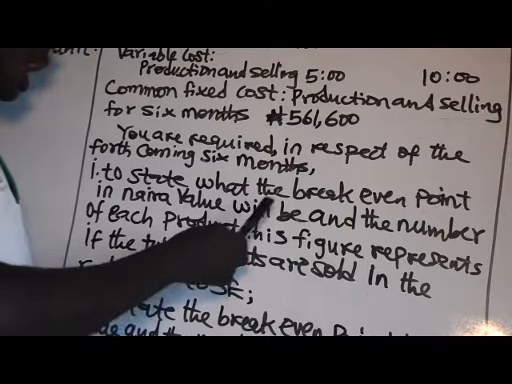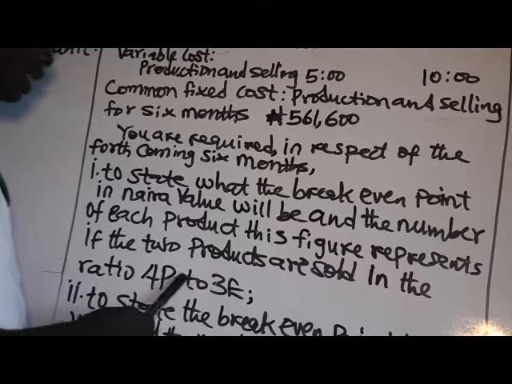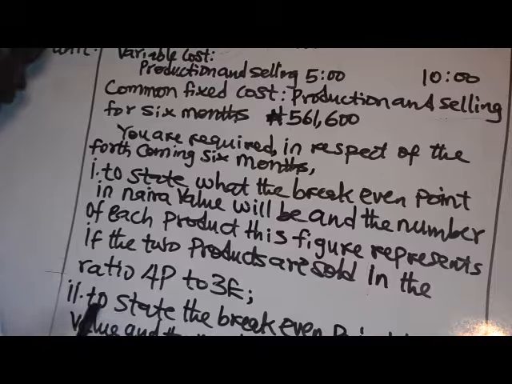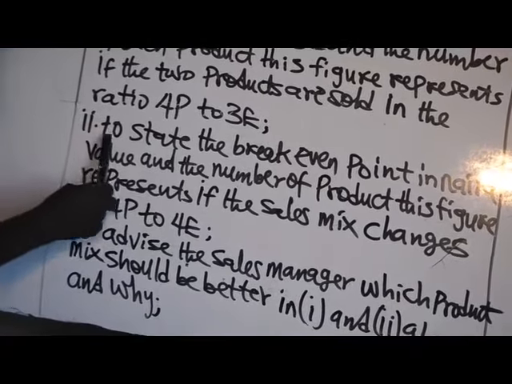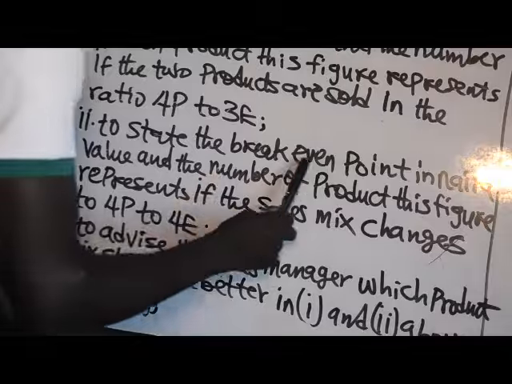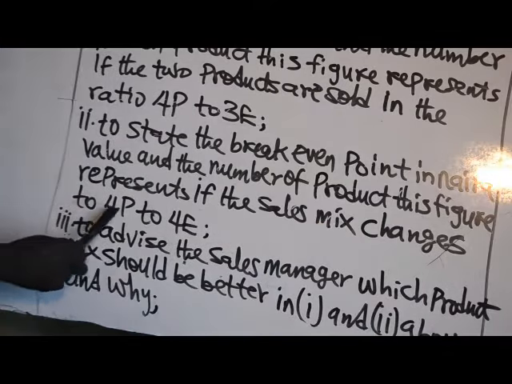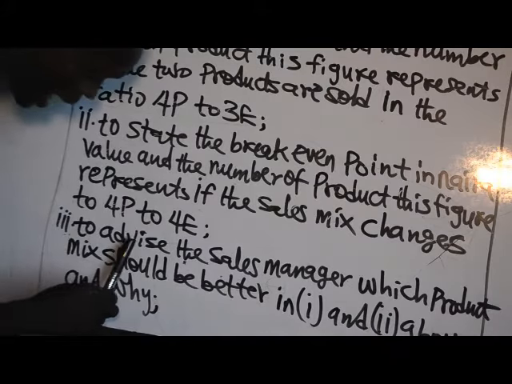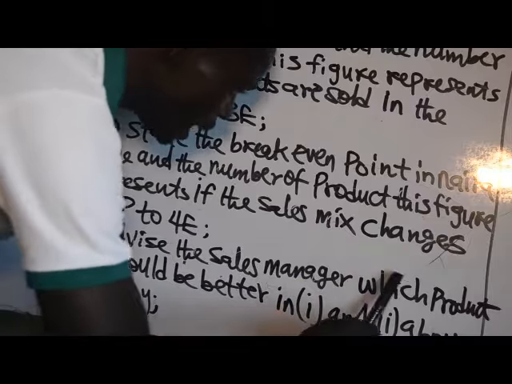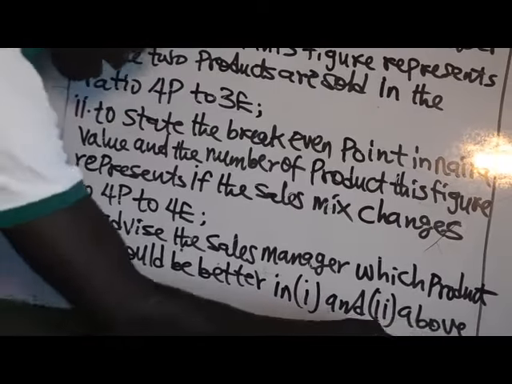If the 2 products are sold in the ratio 4 for P to 3 for E. 2, to state the break-even point in Naira value and the number of products this figure represents if the sales mix changes to a ratio of 4 to 4 for products P and E respectively. 3, to advise the sales manager which product mix should be better in 1 and 2 above, and why.